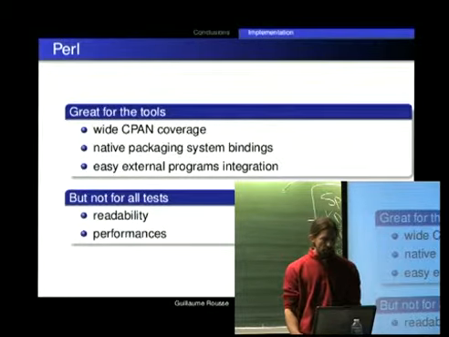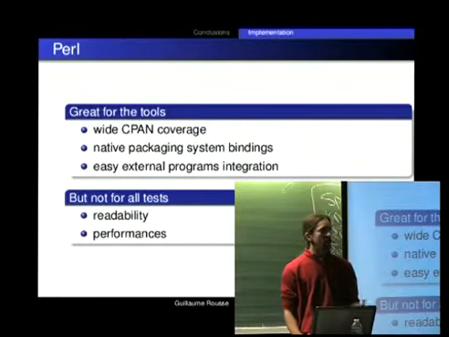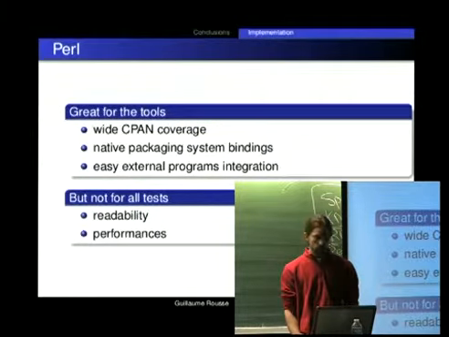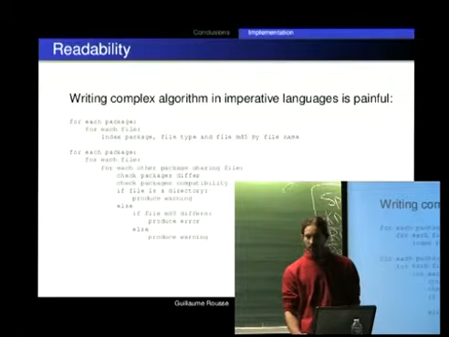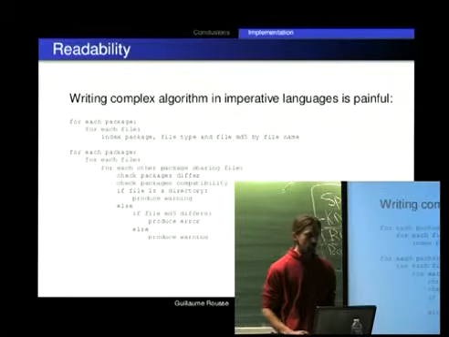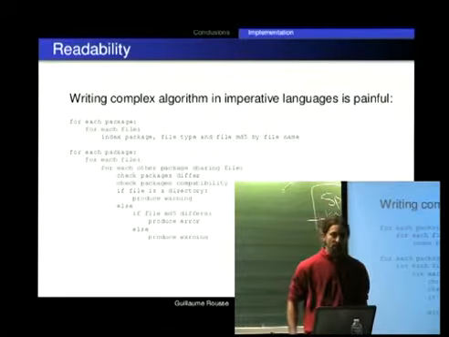For instance, I will try to explain a test that tries to assert you don't have file conflicts in your distribution. Writing such an algorithm is painful in an imperative language.